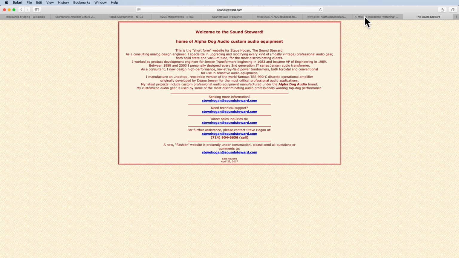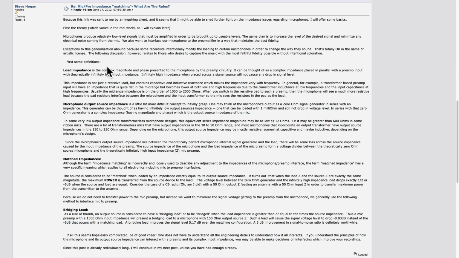But he wrote something that was really interesting. He wrote about this question of, what impedance microphone do I need to get to work with this input or load impedance preamplifier? And these are specs that you'll see on mixers, preamplifiers, recorders, and you'll also see output impedance on microphones. So here's what he says.